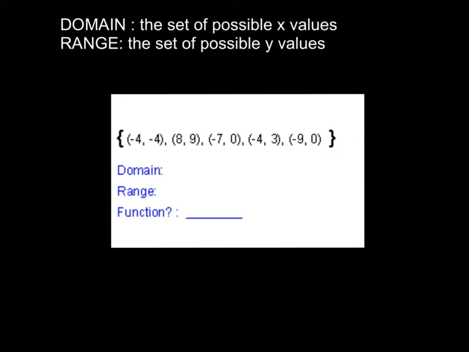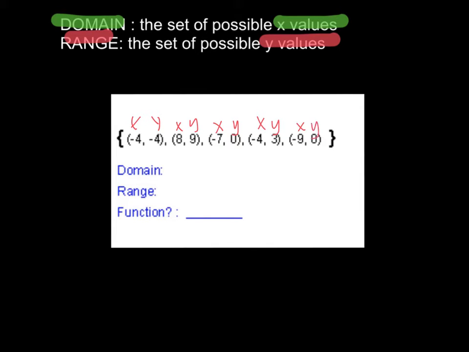So moving on to domain and range. Domain is the set of x values, while range is the set of y values. So looking at this example, let's label which ones are x's and which ones are y values. So these are x, y, x, y, x, y, x, y, x, y.